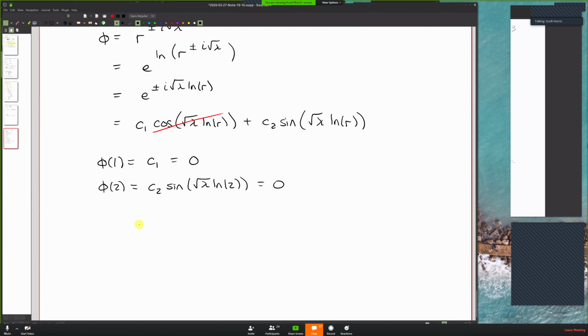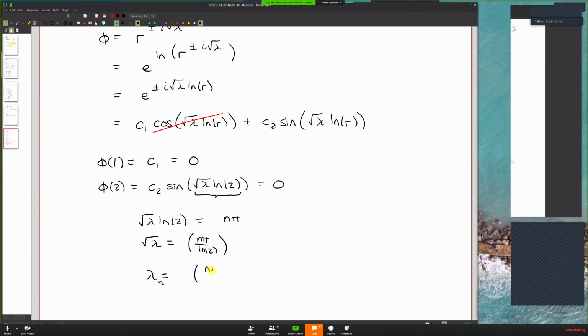Yes. If I let root lambda natural log of 2, the argument of the sine function, equal one of its roots, this means root lambda is n pi over natural log of 2, and lambda equals lambda sub n, n pi over natural log of 2, squared.